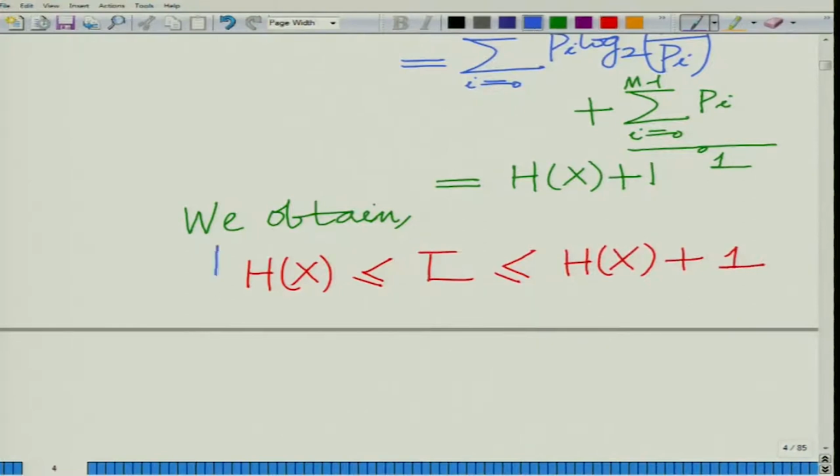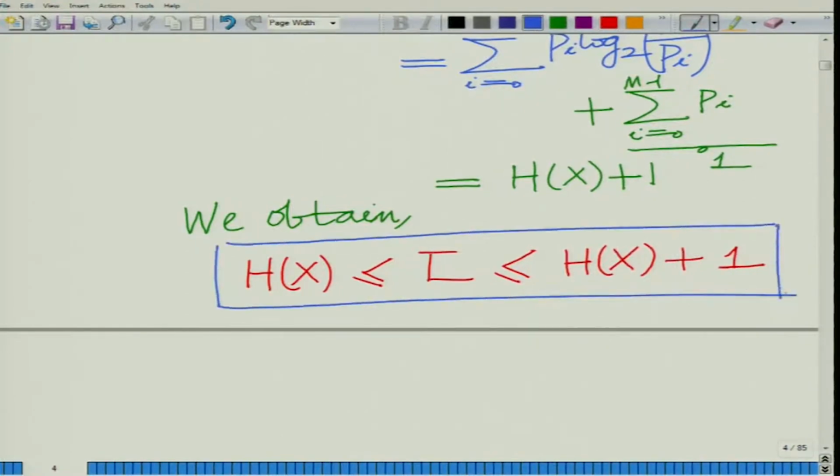This is interesting because it shows that by approximating with integer lengths, you can obtain a code which is within 1 bit of the entropy. So the lower bound is entropy, and ideally we would like to achieve that. But observe the interesting thing about this theorem, which is the source coding theorem, which we derived from the Kraft inequality.